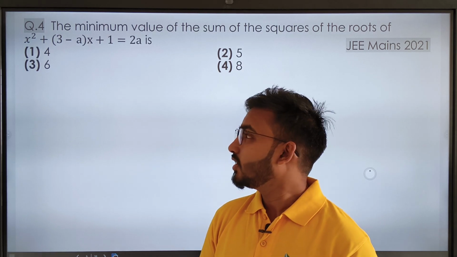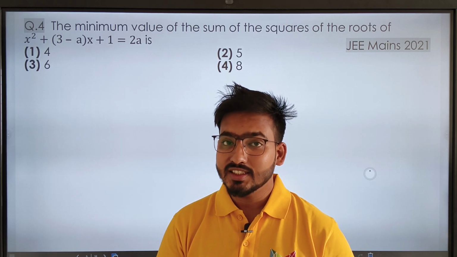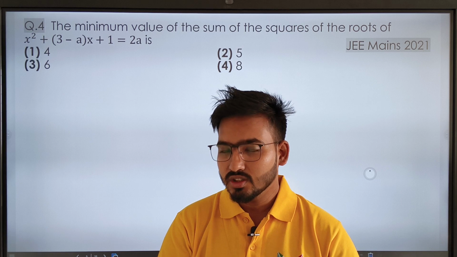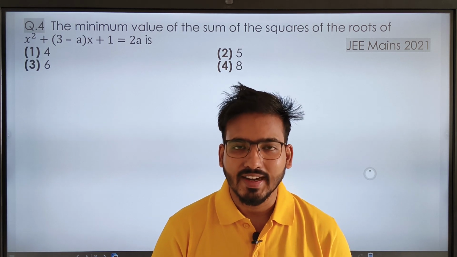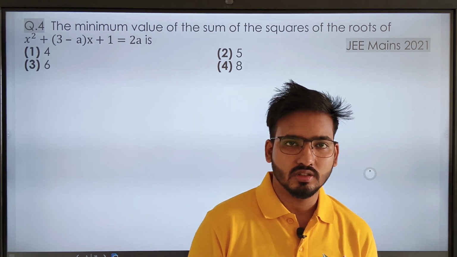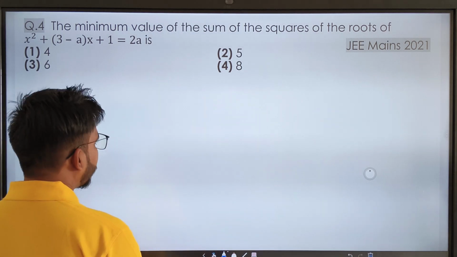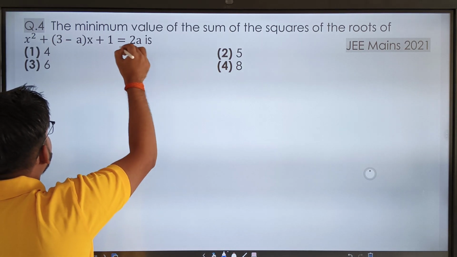So for this quadratic equation, I am asking you: is this quadratic equation written in its standard form? No, sir. What is the standard form? Right side should be 0. It should be ax square plus bx plus c equals to 0. So I can first observe that right side is not 0. So first we will try to write it in its standard form.